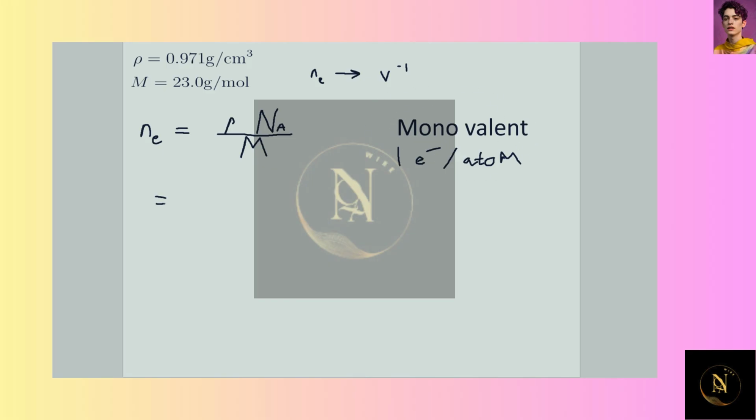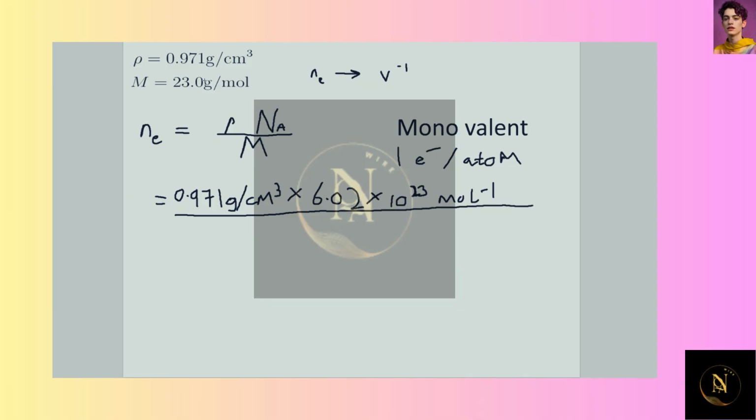So subbing in some values, we have our density already, that is 0.971 grams per centimeter cubed, multiplied by our Avogadro number, which you can find anywhere as 6.02 times 10 to the 23 per mole, and that will be over our molar mass, which is 23.0 grams per mole.